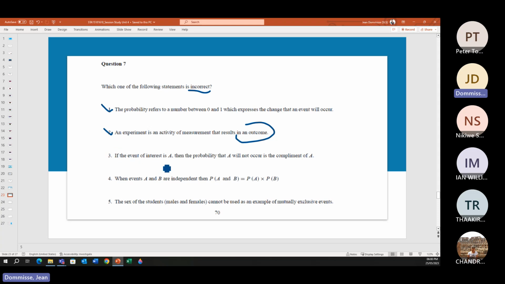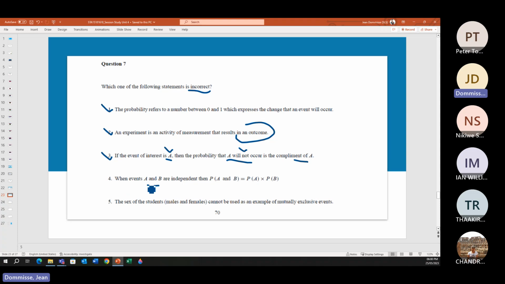If the event of interest is A, the probability that A will not occur is the complement. Correct. So if it is, I got an A in stats, the other one is that I will not get an A in stats. So that is the complement.